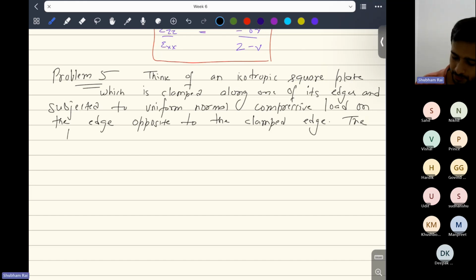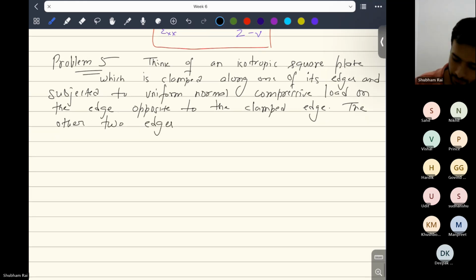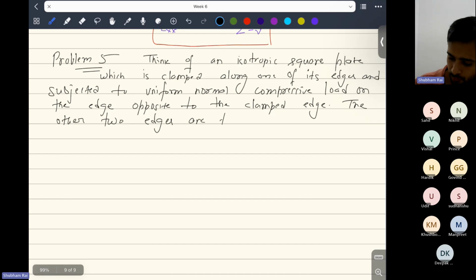The other two edges are free. Are traction free. There's no traction.